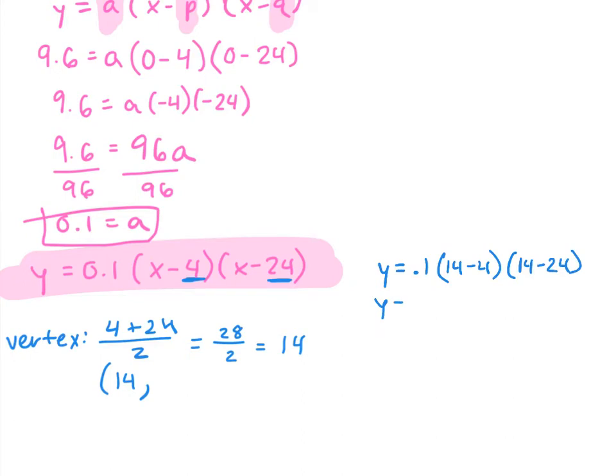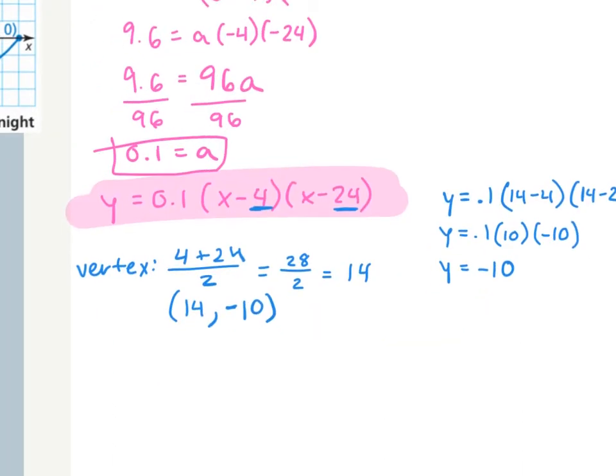So we have y is equal to 0.1 times 10 times negative 10. So y is equal to negative 10. So our y value in our vertex is negative 10.